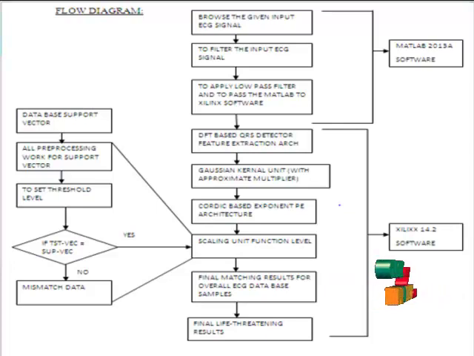In this process we get the data set, support vector processing, and all pre-processing work in the support vector machines, and set the threshold values as yes and no conditions, match and mismatch conditions, for normal or abnormal persons. Using these scaling factors in the Xilinx process, finally we match the result over the whole ECG database samples.